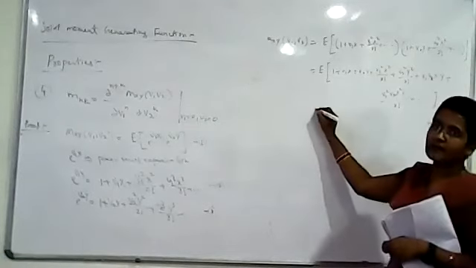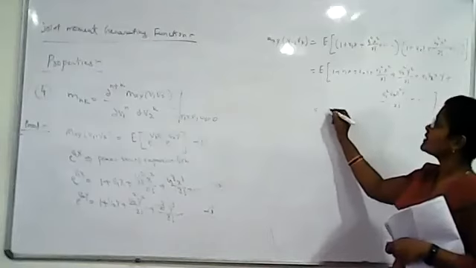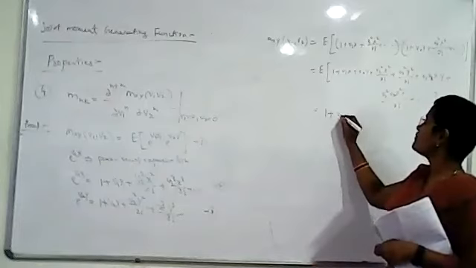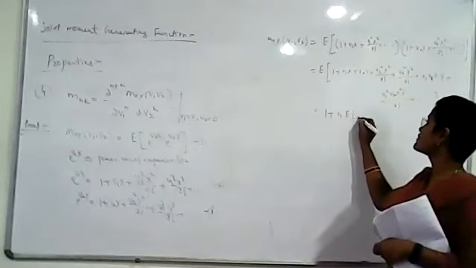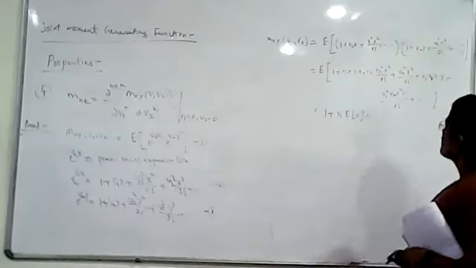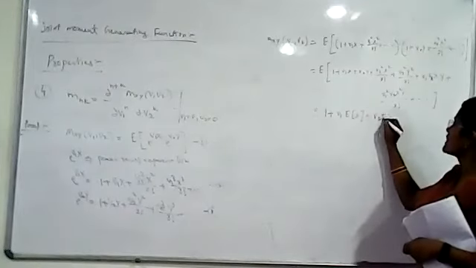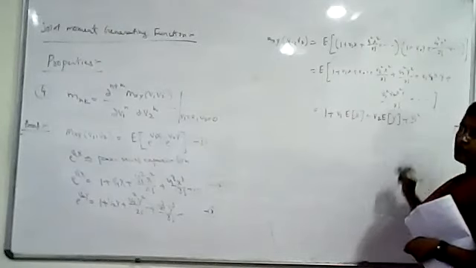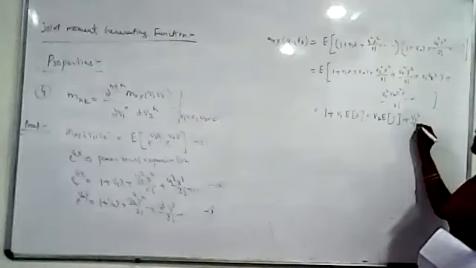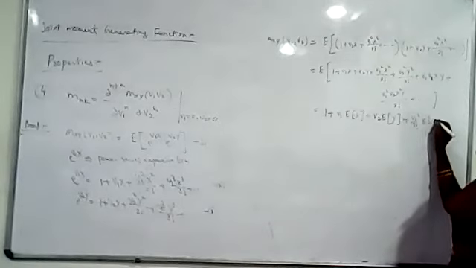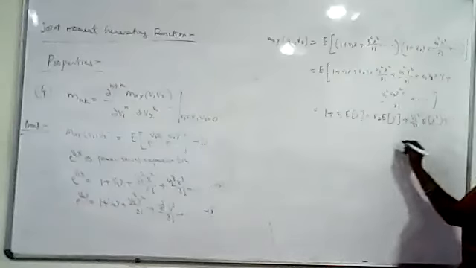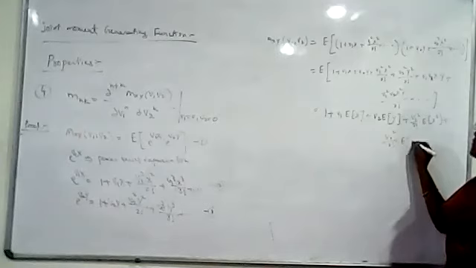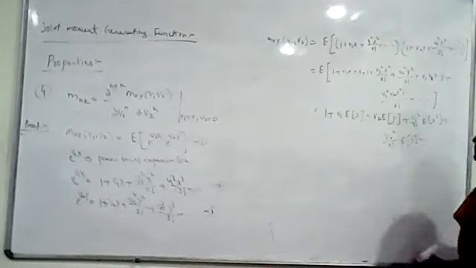The expected value of 1 is 1 only, plus, v1 is constant, we get expected value of x, plus v2 is constant, we get expected value of y, plus v1 square by 2 factorial times expected value of x square, plus v2 square by 2 factorial times expected value of y square, plus so on.